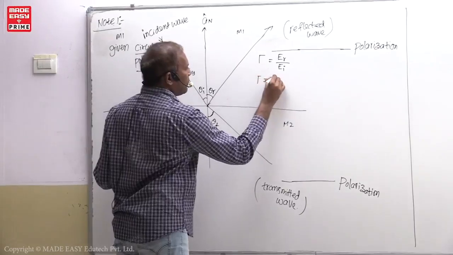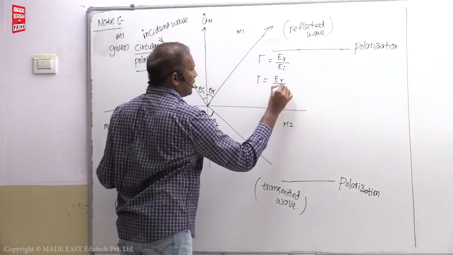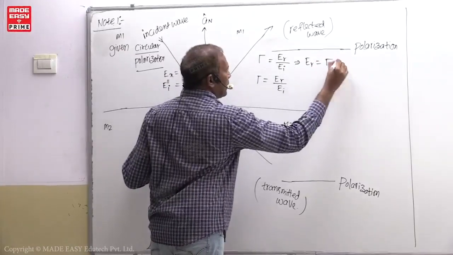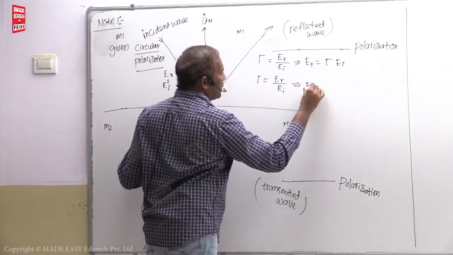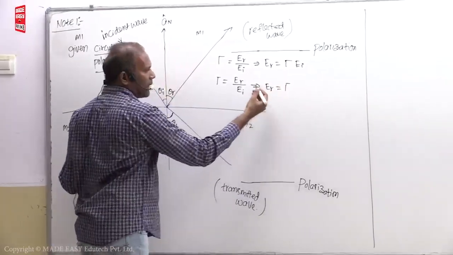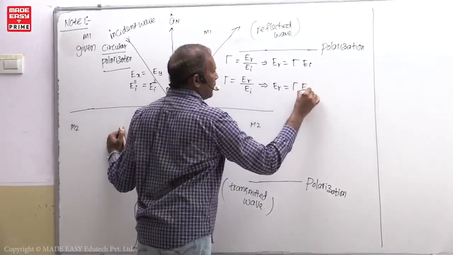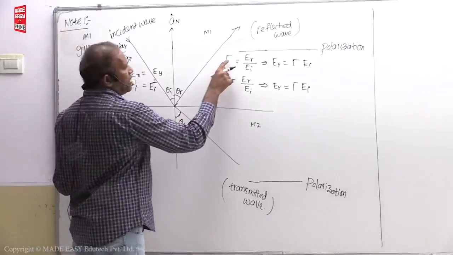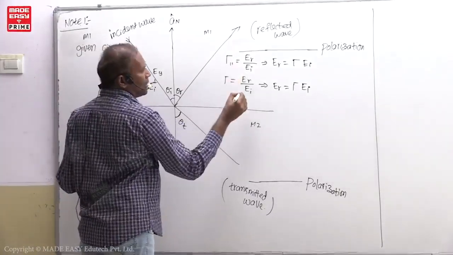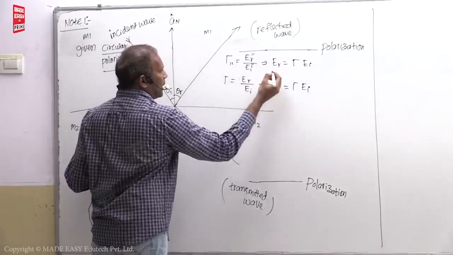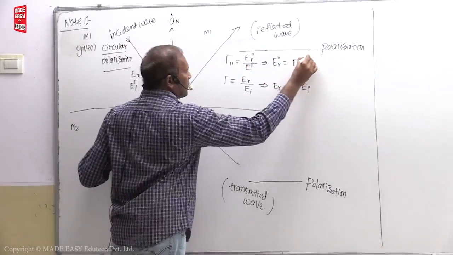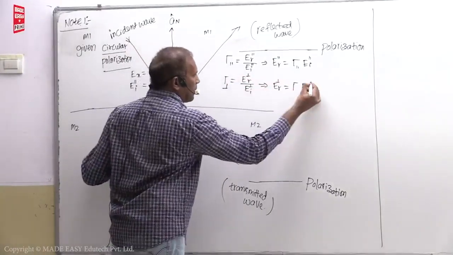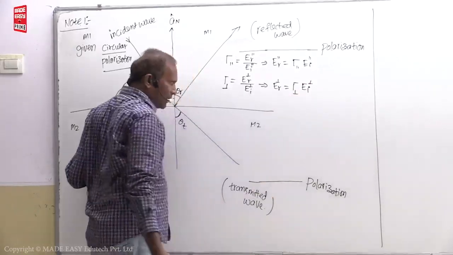That implies the reflected electric field is equal to the reflection coefficient multiplied with the incident electric field. Now, if this is the reflection coefficient of parallel polarization, then you have to take parallel here. And if this is the reflection coefficient of perpendicular polarization, then you take perpendicular.